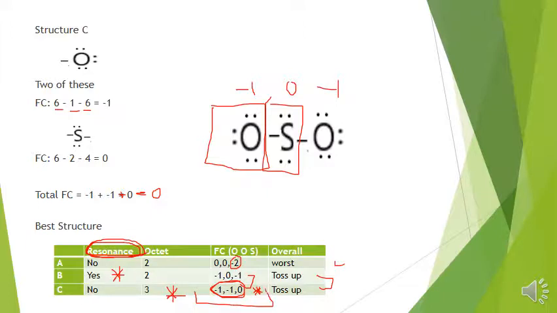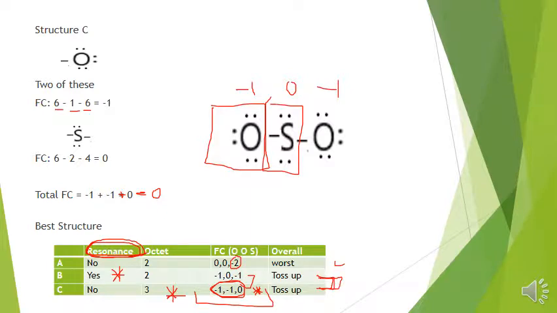So I'd be hard pressed, and I'd have to look it up to find out which one of these two structures is best. And I don't know which one it is, but what I would like you to do if you get a problem like this is explain why each structure ranks like it does.